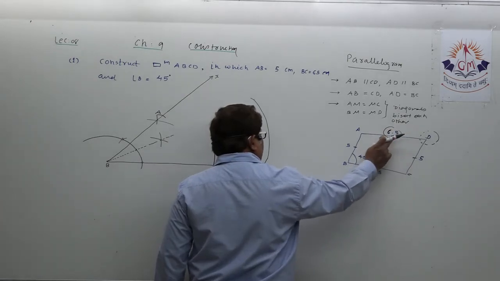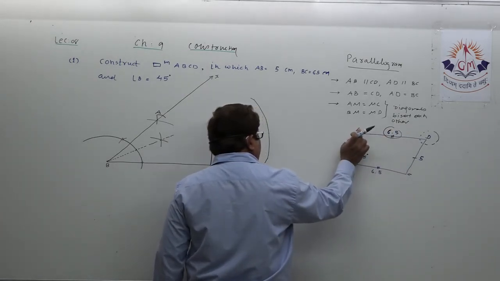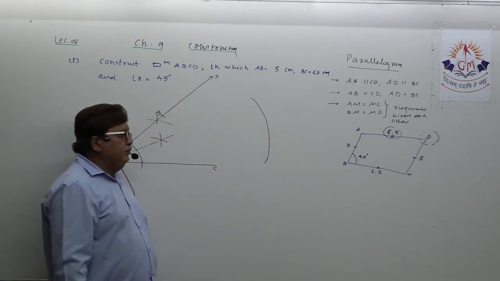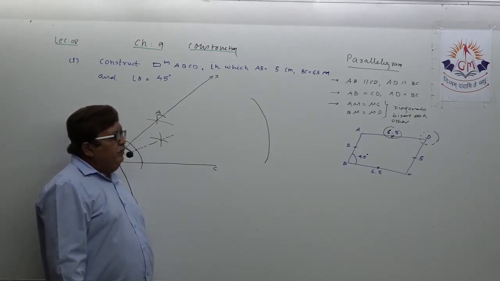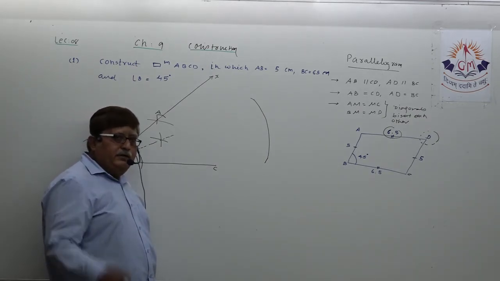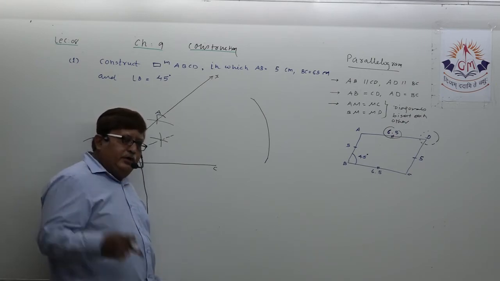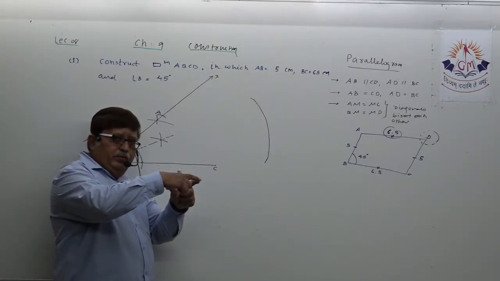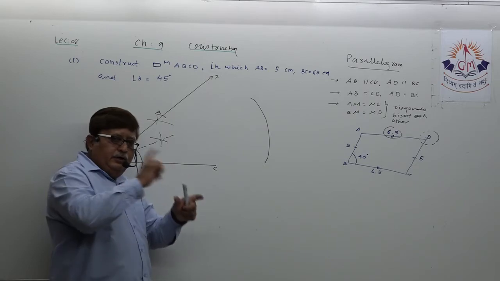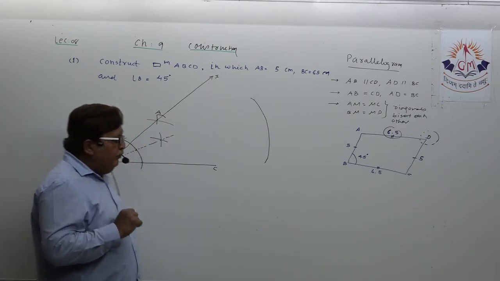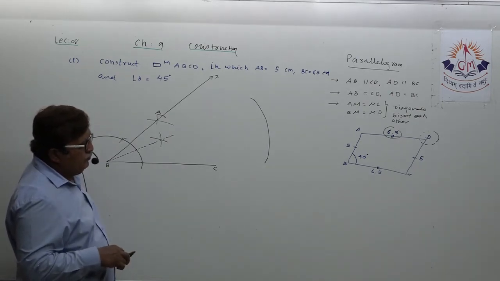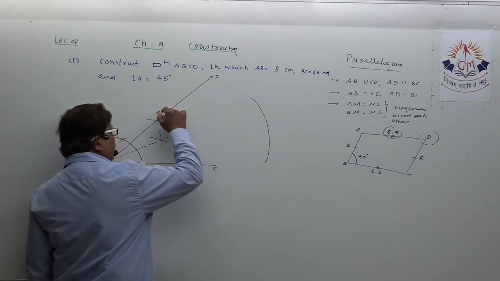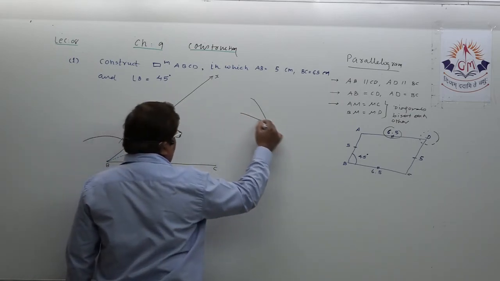Now, taking a radius of 6.5 centimeter, centering the compass at A. First please take a radius of 6.5 centimeter. Be precise and accurate while you take the arc on the pair of compass and ruler. Take a radius of 6.5 centimeter, centering the compass at A, draw another arc.